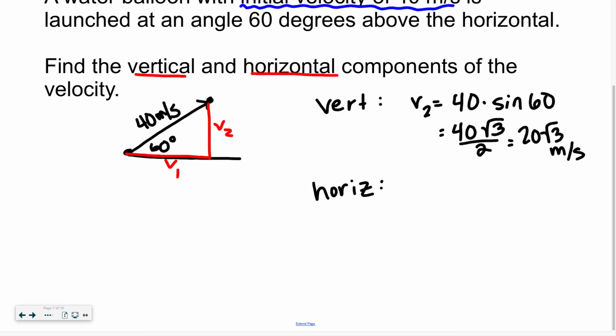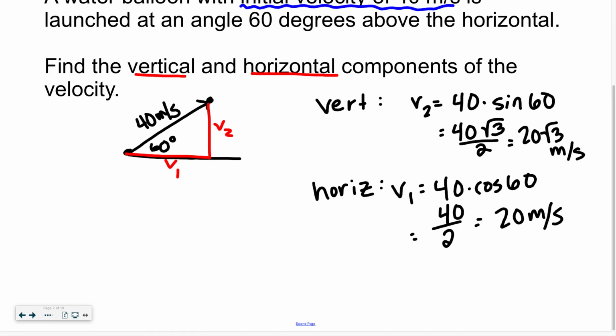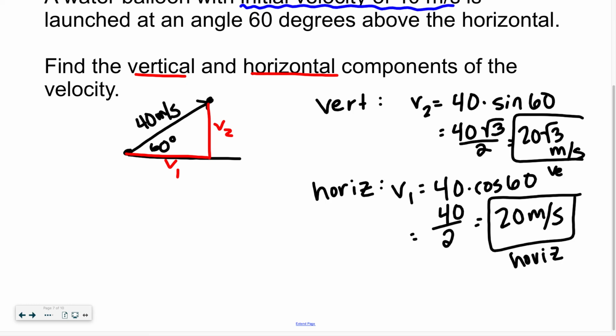The horizontal component would just be 40 times the cosine of that direction angle. That's 40 times 1/2, so that would be 20 meters per second. Again, I'll say this: if it's something from the unit circle, we generally use the unit circle knowledge and leave it exact. If we can't do it on the unit circle, then feel free to grab your calculators and do some calculations. Okay.